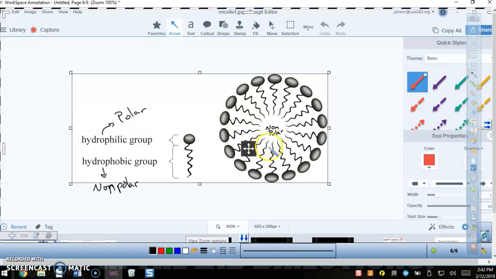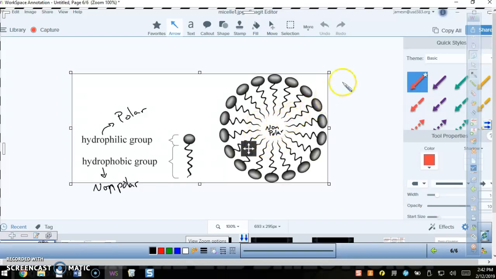So like dissolves like. So your soap will attack whatever that is, whether it's fat on your hands or whatever kind of dirt is there. If it's grease, it's nonpolar. Water won't wash it away. Water won't dissolve it. So the soap will come in and surround it.